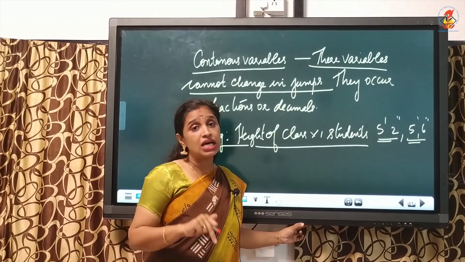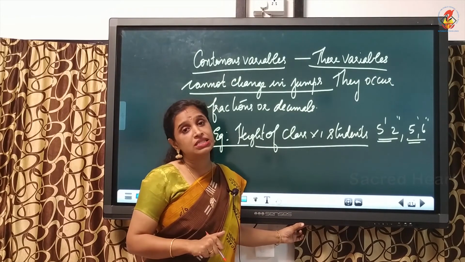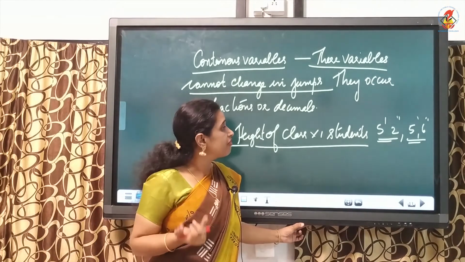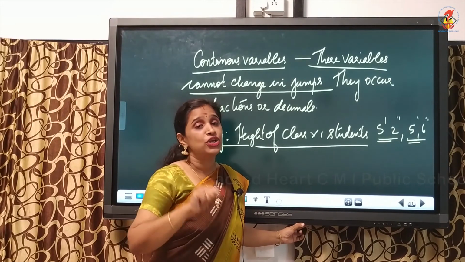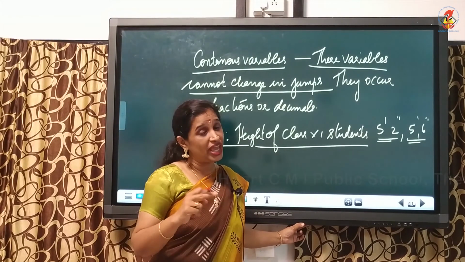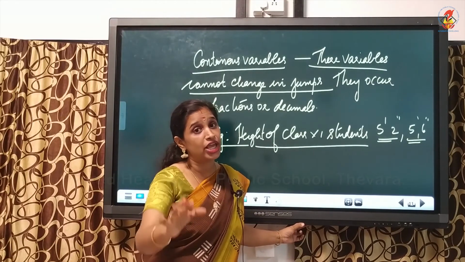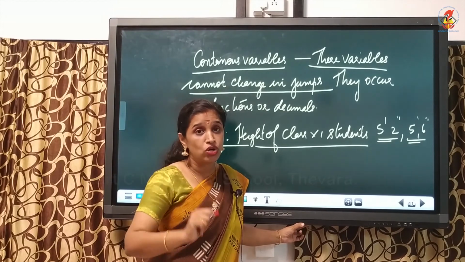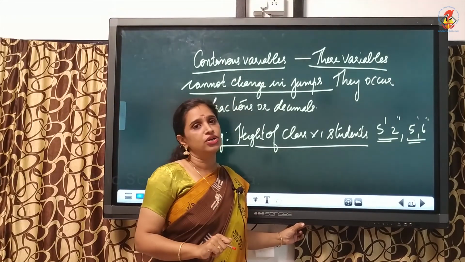So these are the variables which can occur in fractions or decimals. So 5 feet 2 inches is an example of continuous variables. Variables which can occur in fractions or decimals, which cannot occur in jump or in a whole number, that kind of variables are known as continuous variables.